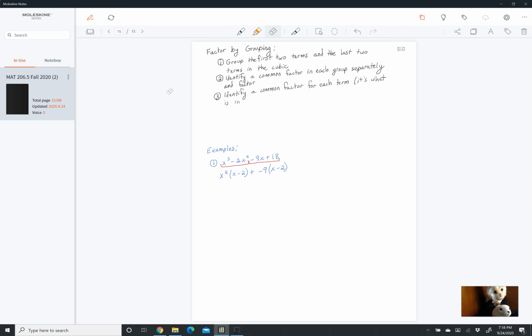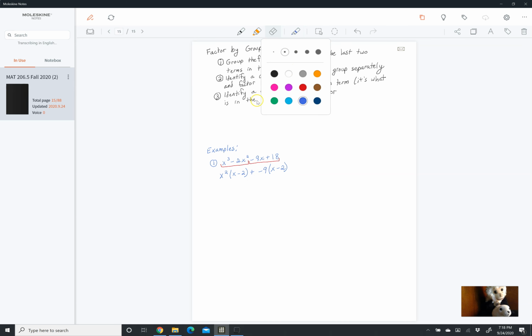And once again, you just factor. So we have an x minus 2 that's common to both terms. So x squared times x minus 2 is a term.